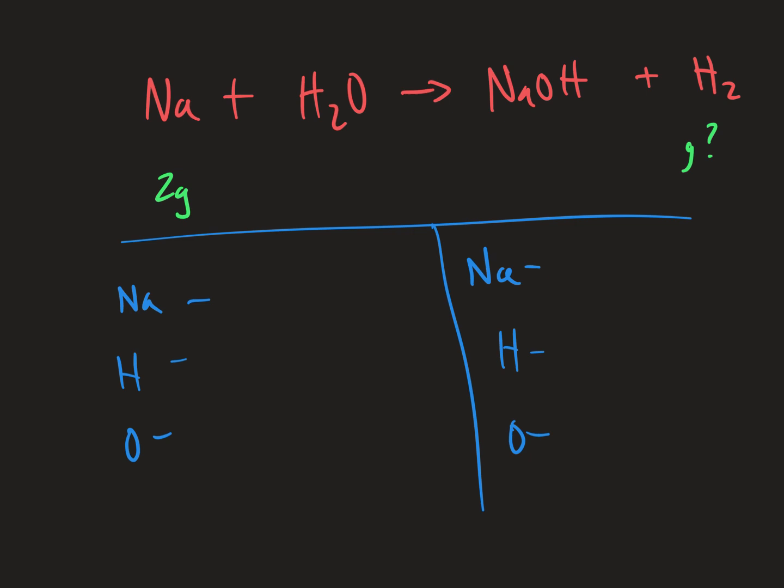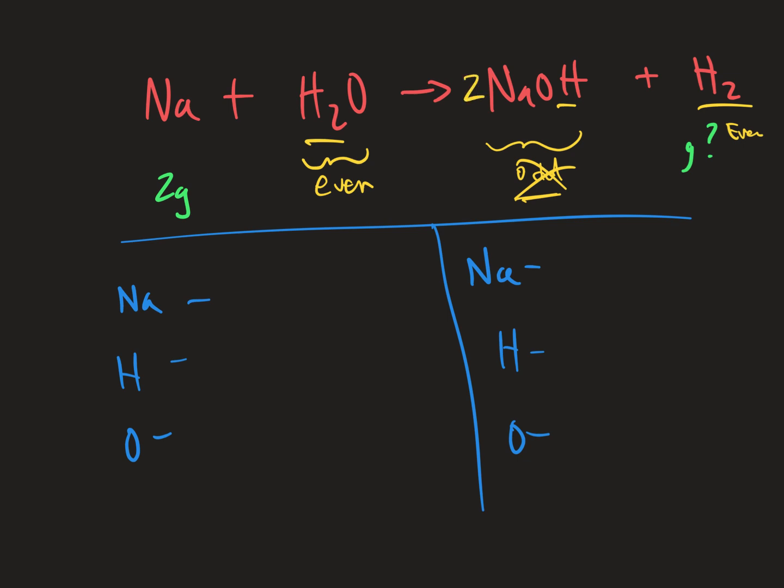So let's start at hydrogen. We have 2 on the left, and we have 3 on the right. So it's not balanced. This is always going to be even. This is odd right now, and this is even. So on the left is always going to be even. So let's make this one even. How do we do that? We put a 2 right there.